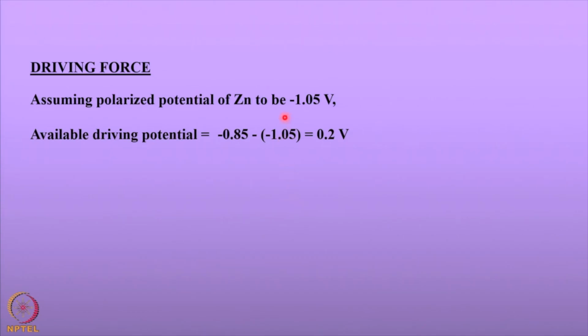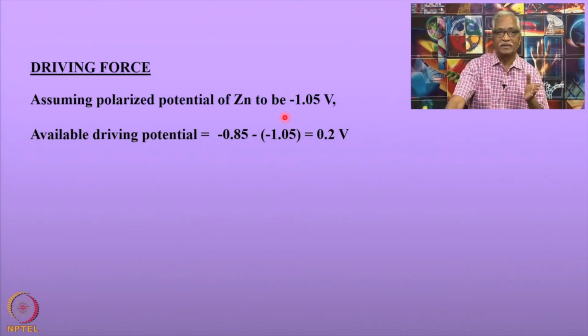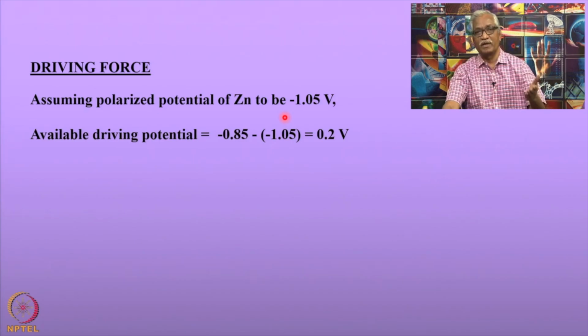We need to understand there is a difference between the polarized potential of zinc and the actual potential of zinc when you bury it in the soil. When you bury a zinc in the soil which is not electrically connected to the pipeline, as you have seen before, it is minus 1.1 volt.